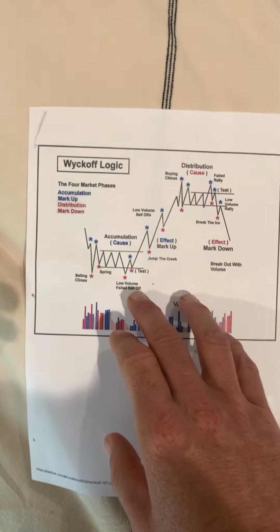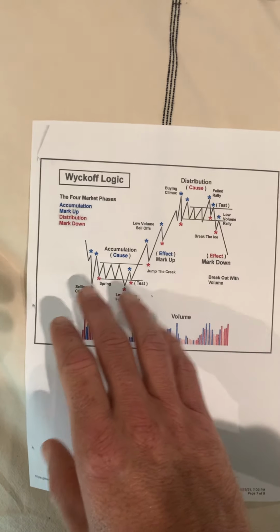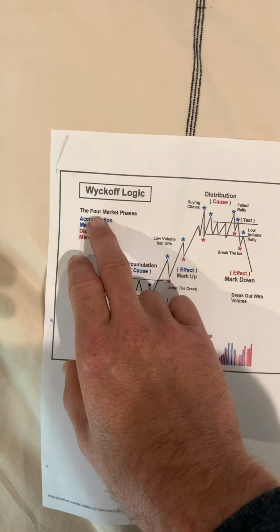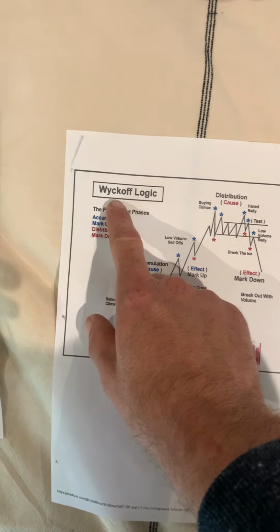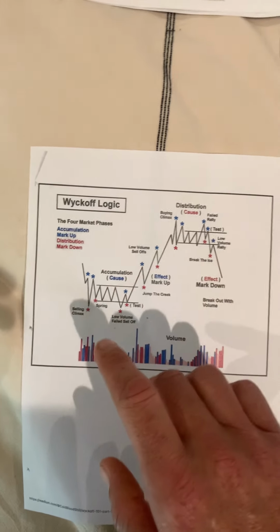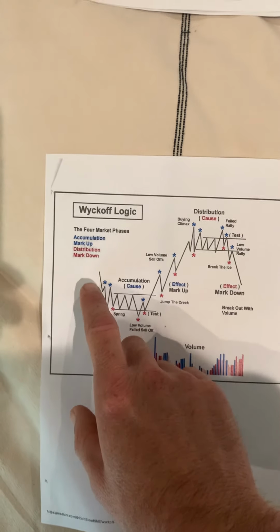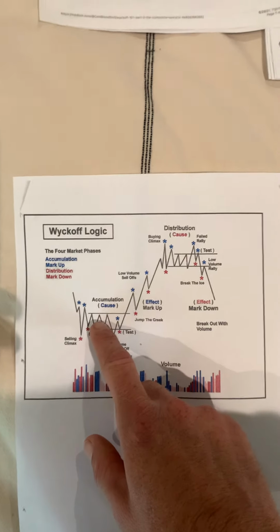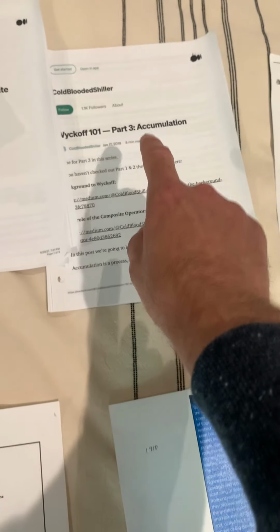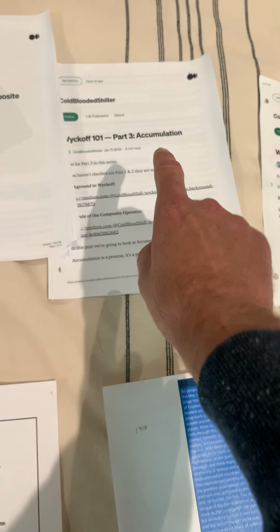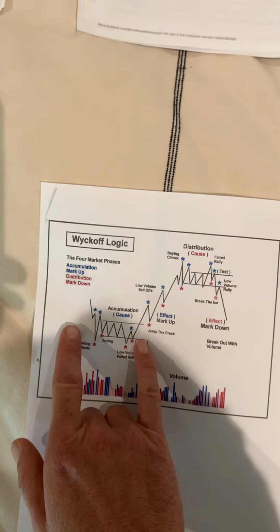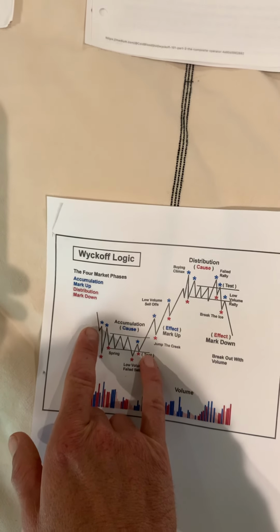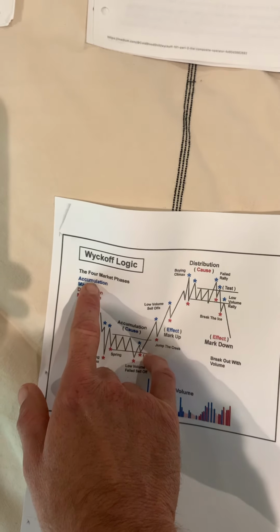What this is right here is explaining the 4 market phases, and this is the Wyckoff Logic. This explains the accumulation, right? The accumulation, this goes into more detail. This is part 1, accumulation.